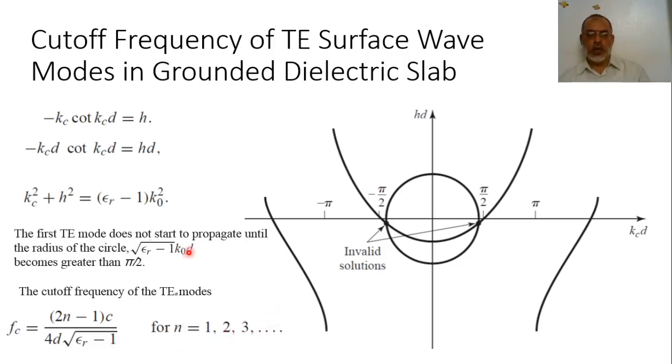How does it come? Actually, let us start with the first one. The first one is square root epsilon r minus 1 k naught d equals pi over 2. This is the first cutoff frequency. And here k naught is 2 pi f over c. So 2 pi f over c multiplied by d multiplied by this square root equals pi over 2.